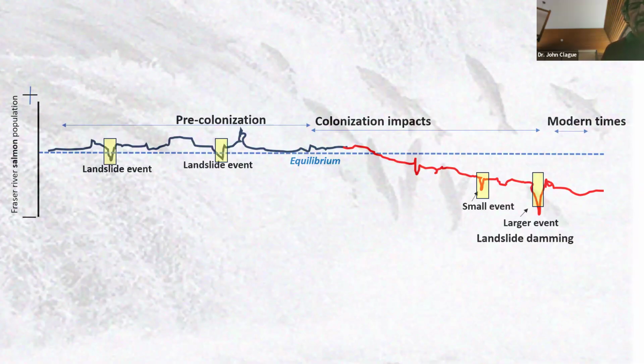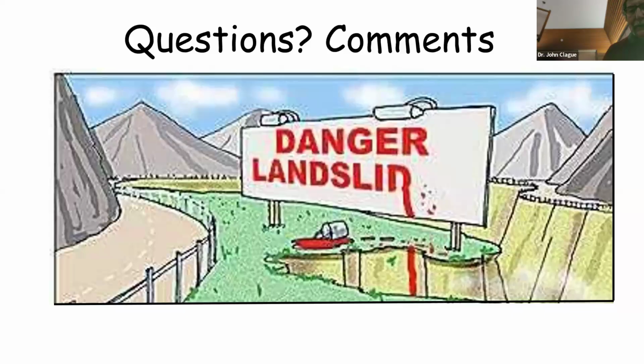That's a bit of an unknown wrinkle at present, but I suspect even in my lifetime, I'm 79, we're going to see another blockage of a river in British Columbia that's going to cause some angst at the provincial level as to how to deal with it. That I'll close off. Any questions you might have or comments?